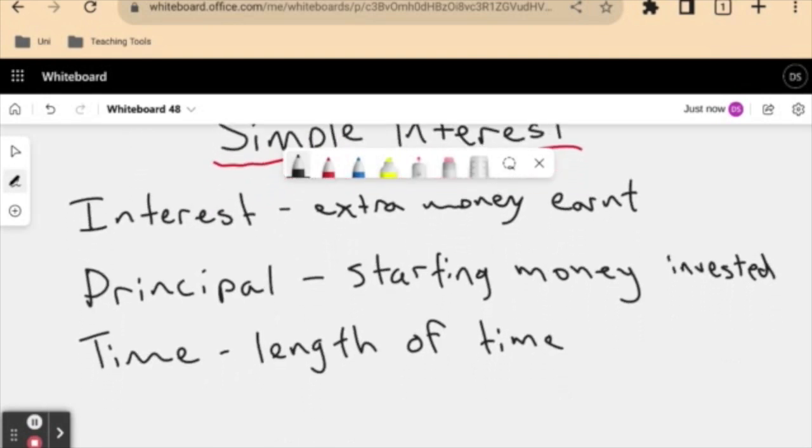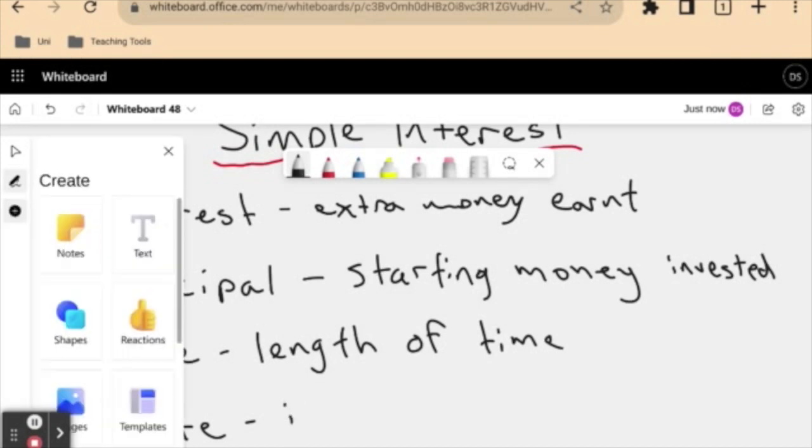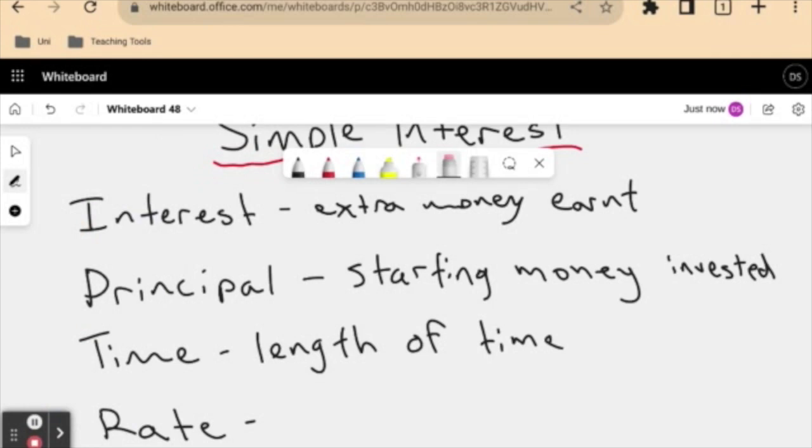And we have the rate. Now, the rate is essentially a type of percentage. This is an interest rate. I'll write here, this is an annual rate of interest.